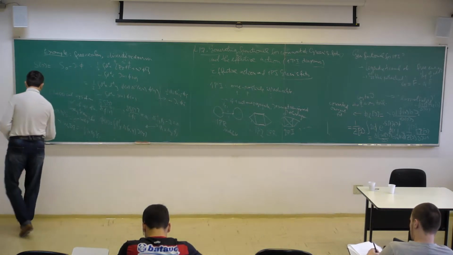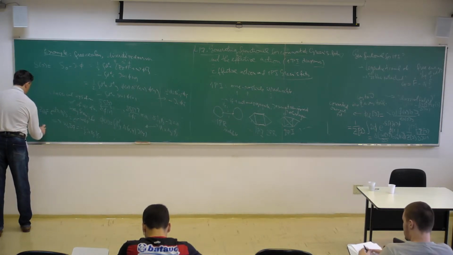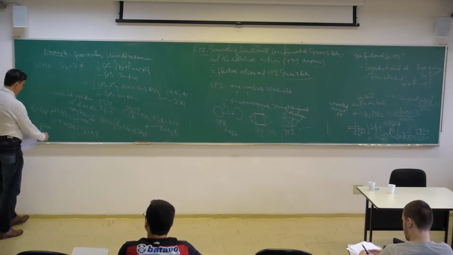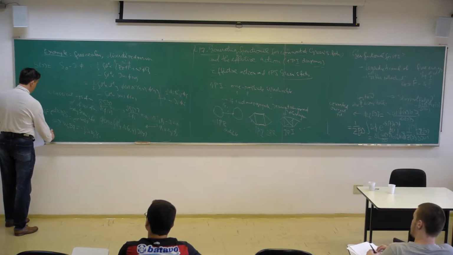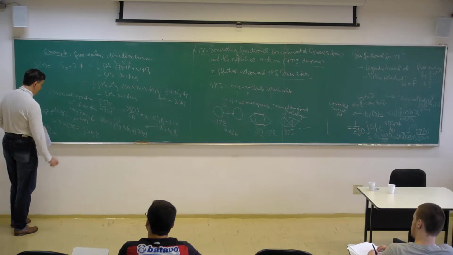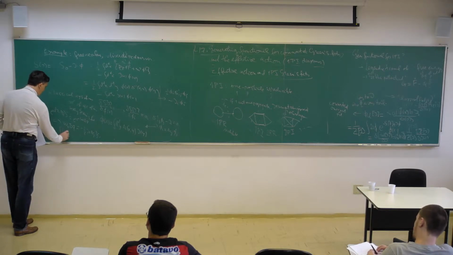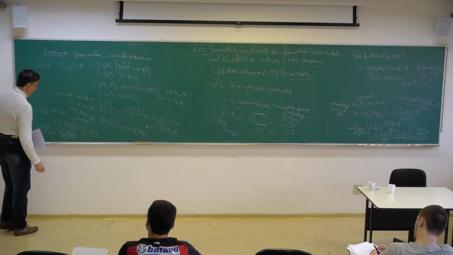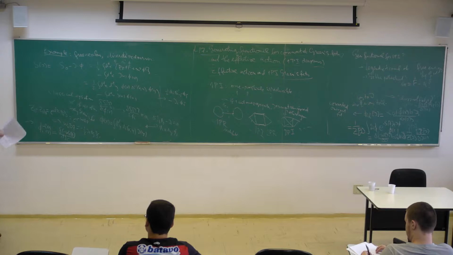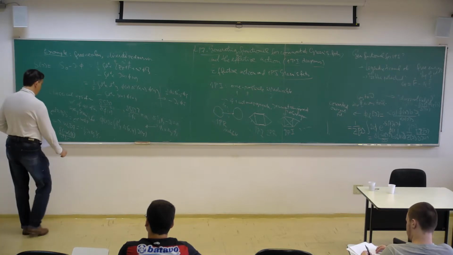So phi_i classical, but also in this free theory, so I put a 0 here. This is d minus W with respect to J_i. I use discrete notation.